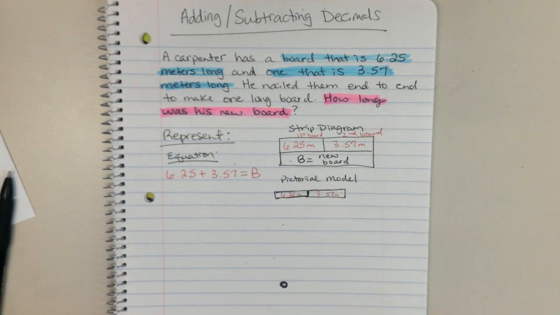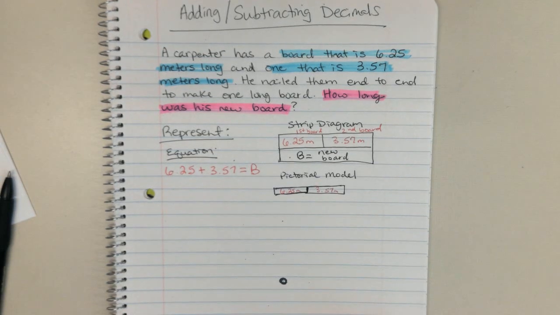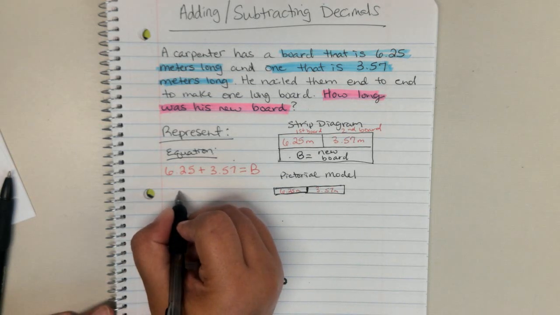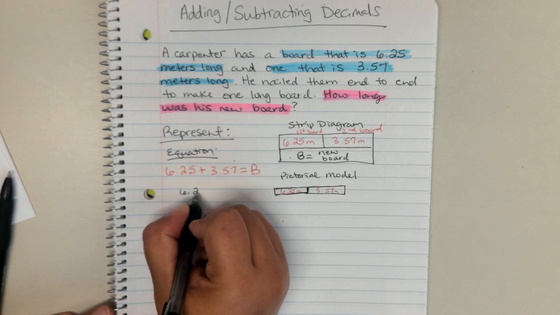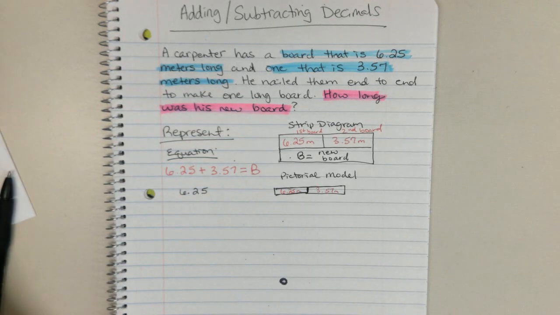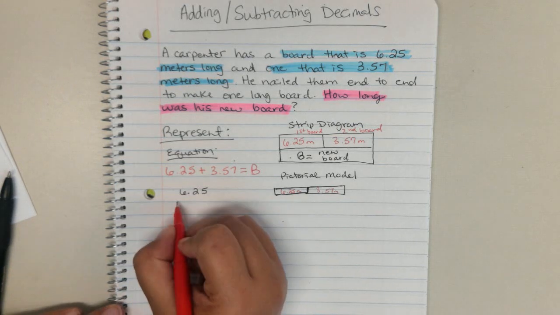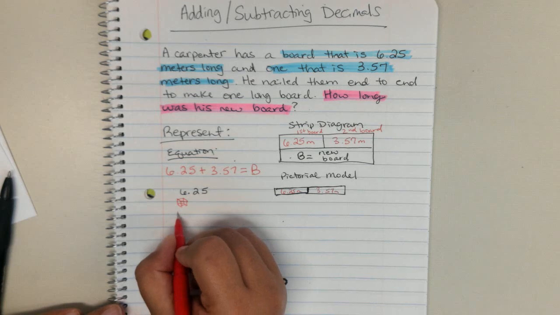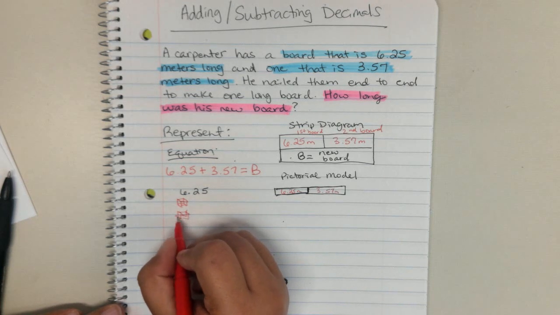So that's just like a visual representation of what I read from the problem. And then I also could use my place value understanding of my base 10 blocks. If I wanted to use that to add them together, then I would think about the 6.25 as place value blocks, and I know that my cube represents my ones place, so I need 6 of those.